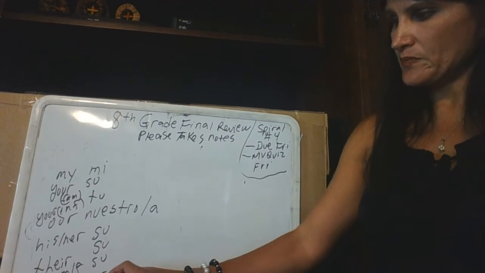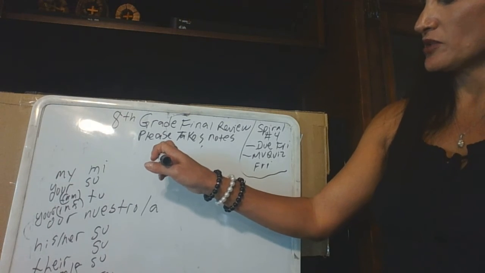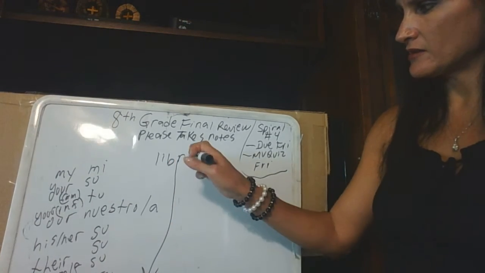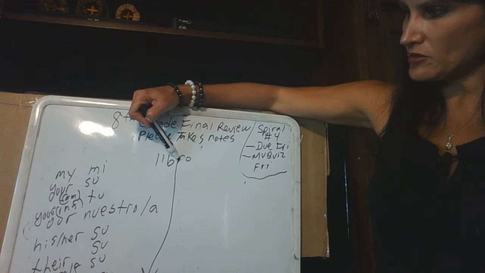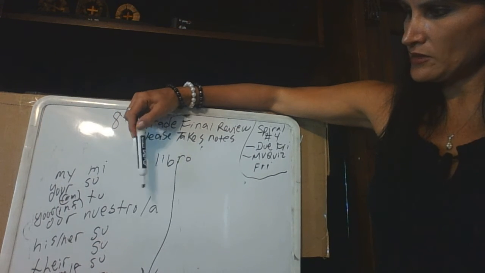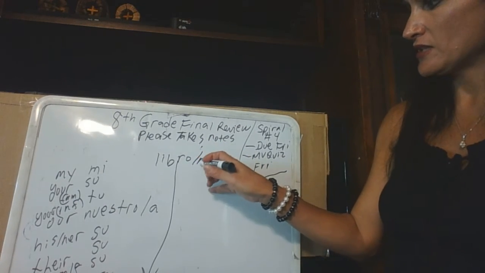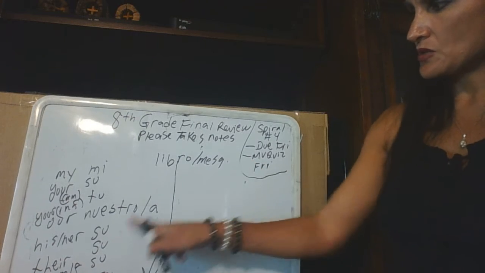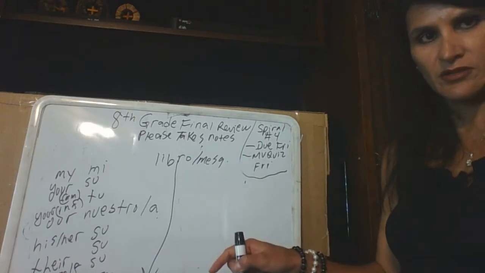So when you're talking about a singular noun, like let's say the book, I'm going to write that down all the way. It's going to be mi libro, tu libro, su libro, nuestro libro. If it was table, it would be nuestra mesa, su mesa.